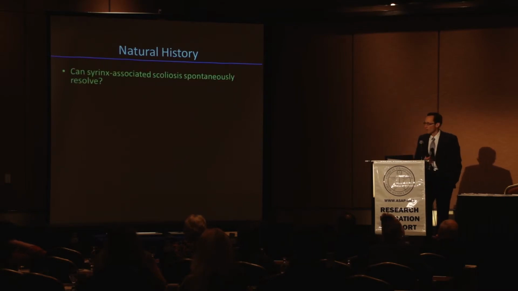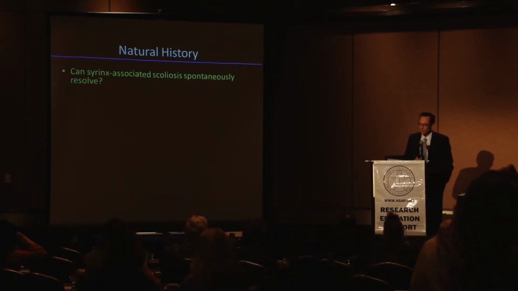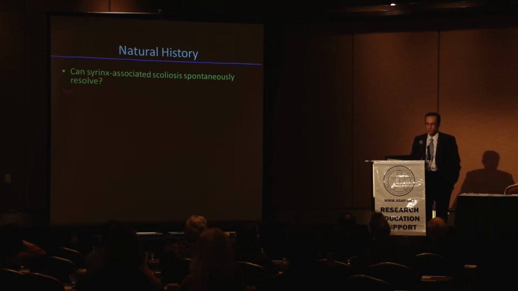We've heard today about whether a syrinx can resolve spontaneously. Well, the secondary question is, can the syrinx-associated scoliosis also spontaneously resolve? The answer is yes, although the evidence for this is limited, and the frequency of this is actually not that common.